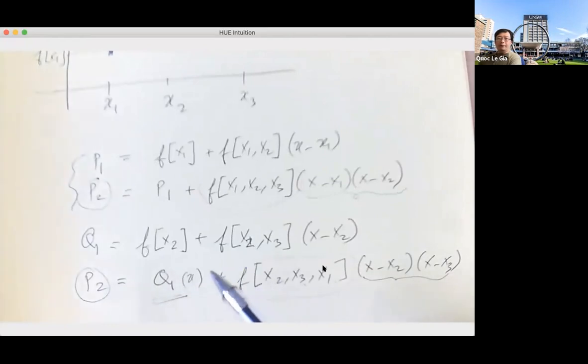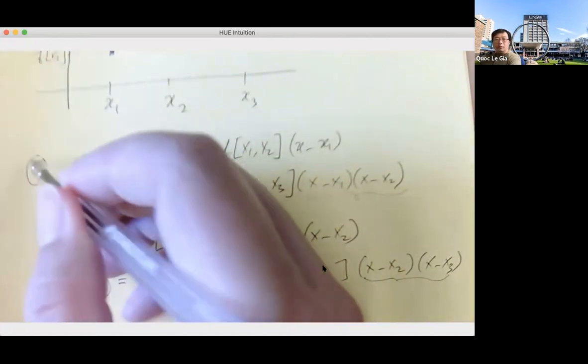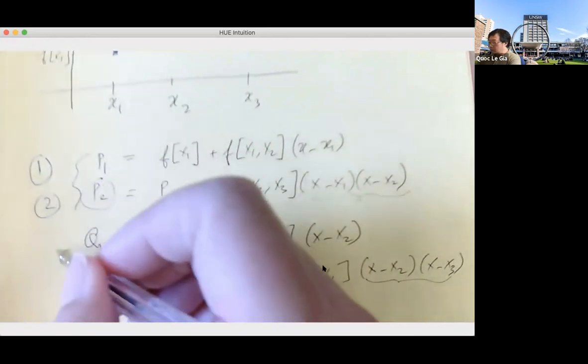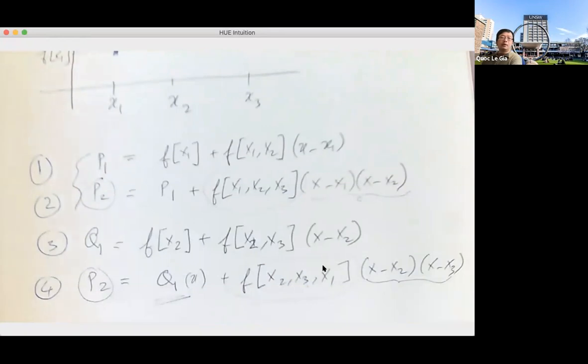And now I have 4 equations: 1, 2, 3, and 4. Now how do I get the divided difference of f x1, x2, x3?